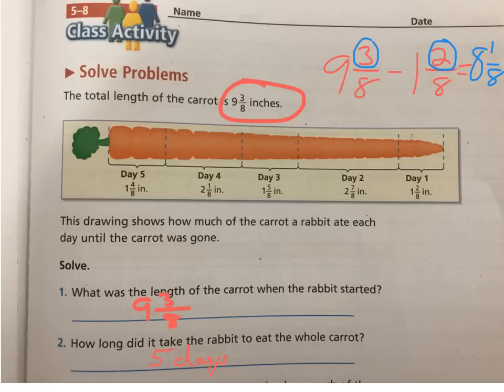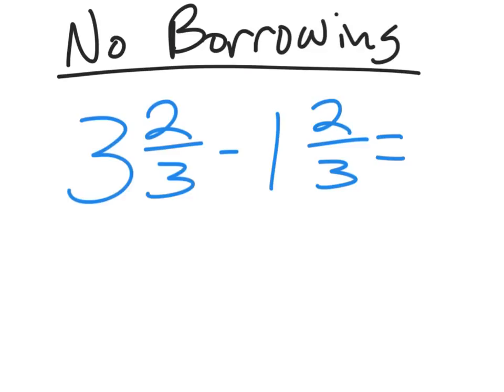That's what works when we don't have to borrow. Let's look at examples of this. Not having to borrow. Again, oops, I copied this problem down wrong when I did this earlier. Let's see if I can fix it. Probably won't let me, but we're going to try. Nope. Okay, so I'm going to cover this up. This is supposed to be a 1. Okay? So, we have 3 2/3 minus 1 1/3. I look and see the denominators are the same.